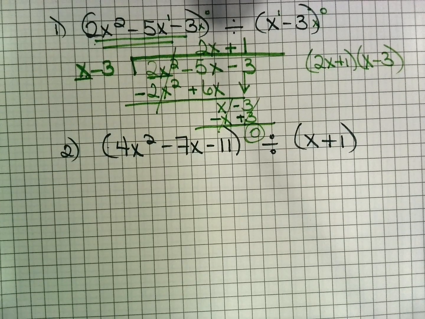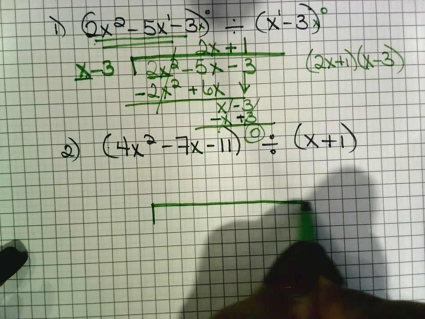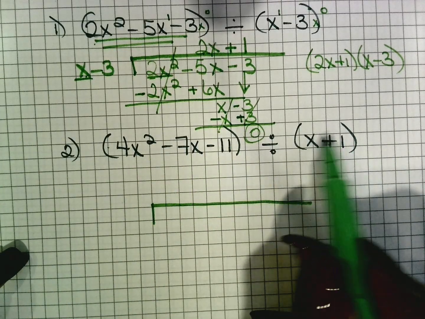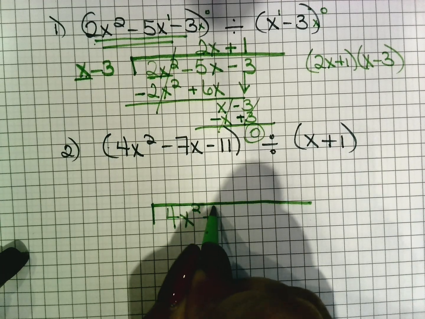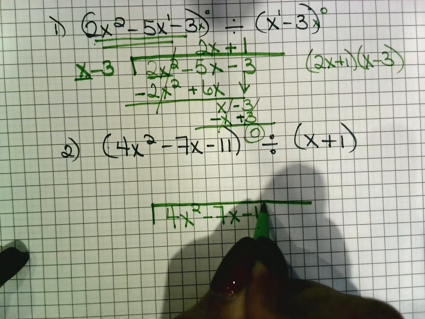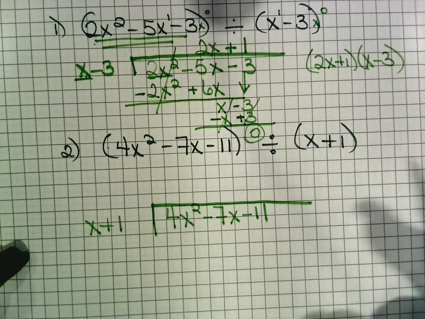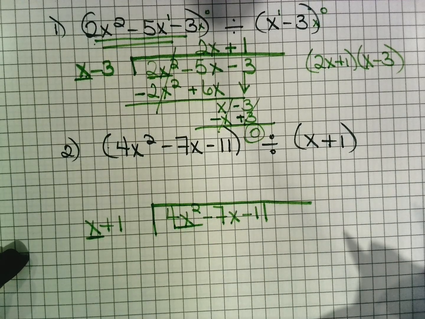Let's take a look at number 2. Again, make sure you have all your terms, 2, 1, 0, 1 and 0, perfect. So this is 4x squared minus 7x minus 11 right there, and we have x plus 1 out here. So once again, we're looking at the x and we're looking at the 4x squared.